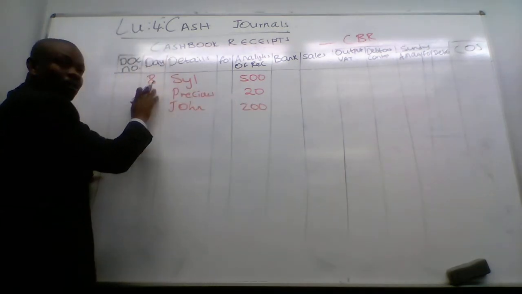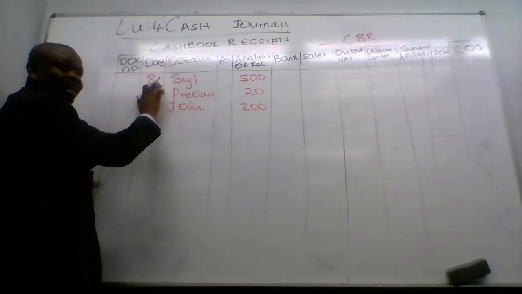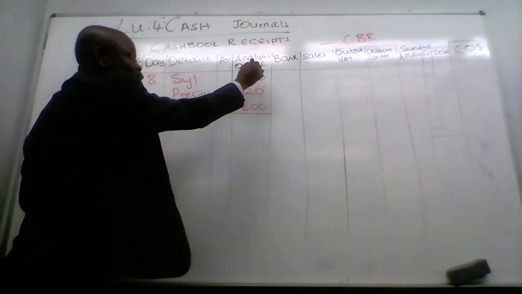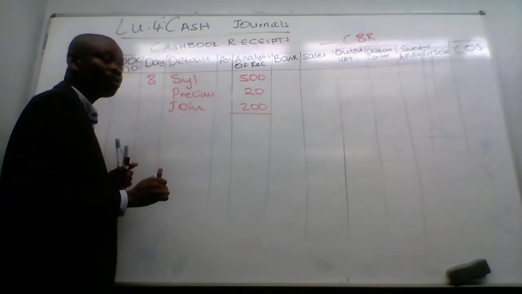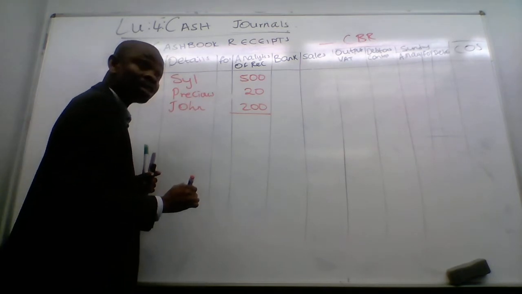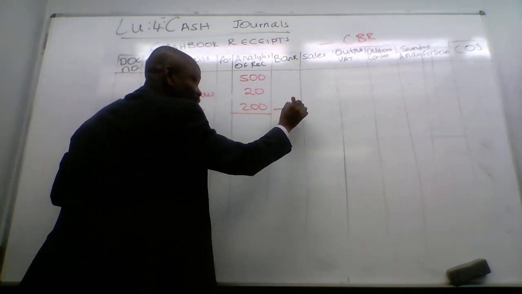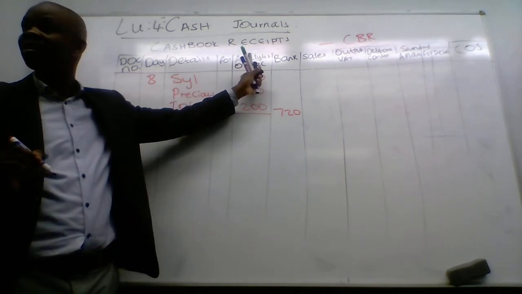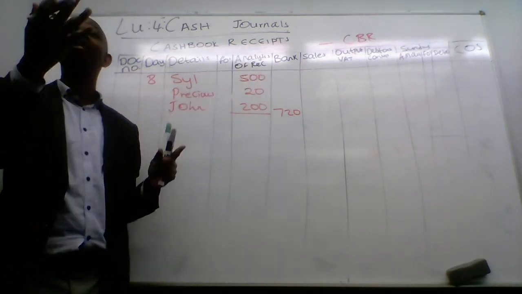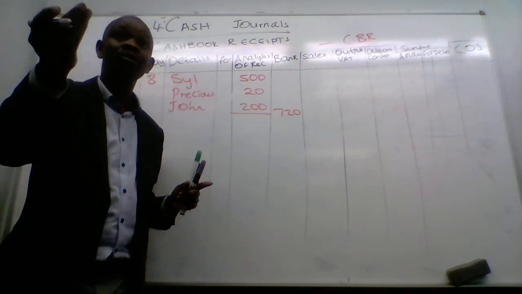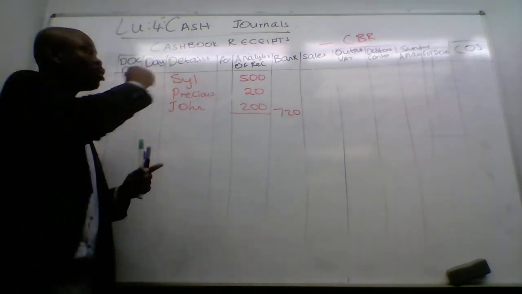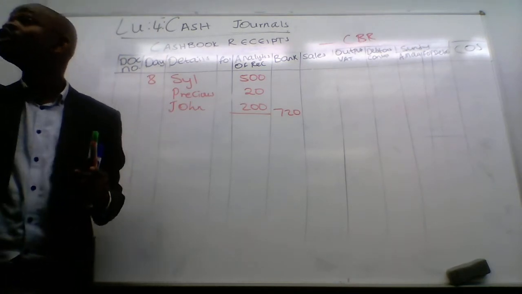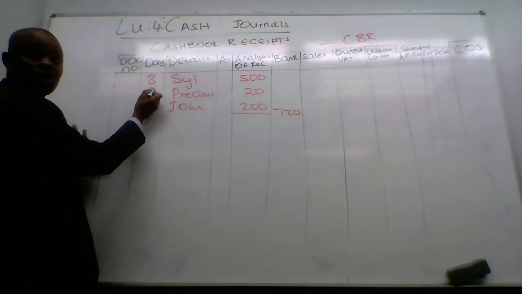But because they took place on the 8th, you must underline after the third one. You add all of them together. How much is the total? 720. So you must only write 720 here. That's the function of this column. So if you received more than one amount on the same day, you cannot transfer them one by one to the bank. You must transfer them as a total because they all took place on the 8th.